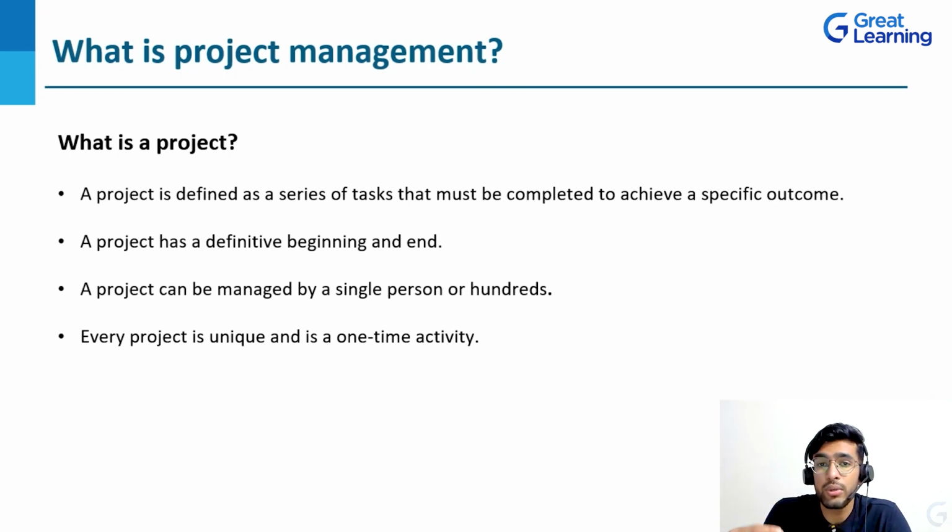So that is also a one-time project wherein the new ideas are getting pitched in and attached to the already existing project. So every project is, that's why, called unique and a one-time activity. I hope you guys have understood what exactly is a project and have understood all the four major pointers that describe what exactly is a project.